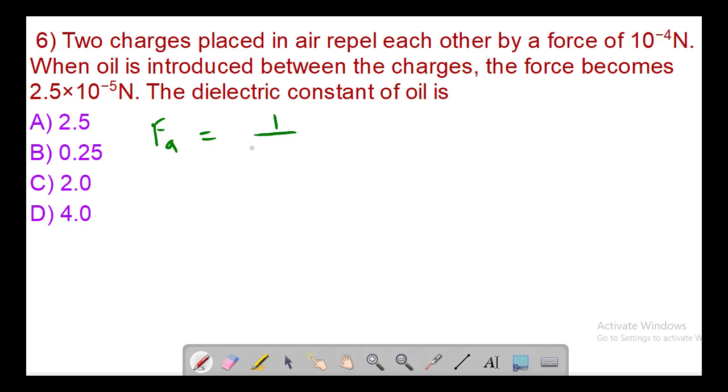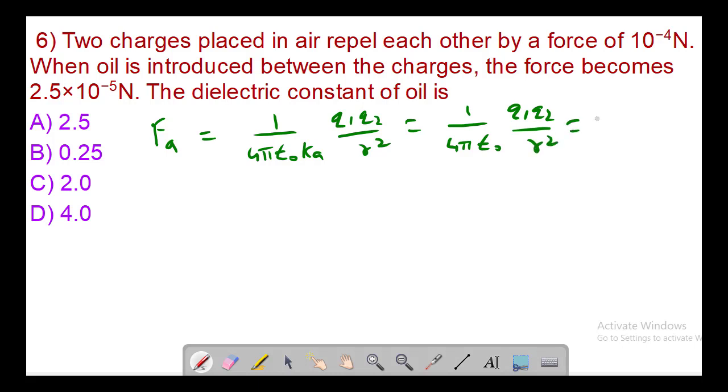We have 1 upon 4 pi epsilon 0 Ka, where Ka is the dielectric constant of air, which is actually 1. Therefore in general we always write 1 upon 4 pi epsilon 0, but because here oil is also there, we are writing this Q1 Q2 upon R square. But because Ka is 1, this equation becomes 1 upon 4 pi epsilon 0 Q1 Q2 upon R square.